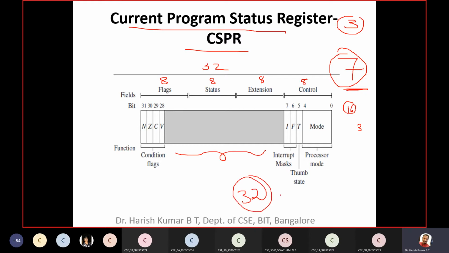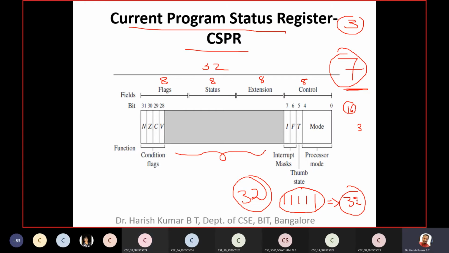Are you able to understand? 1 1 1 1 1, what is the decimal equivalent of this? 31. It goes from 0 to 31, nothing but 32 different modes.